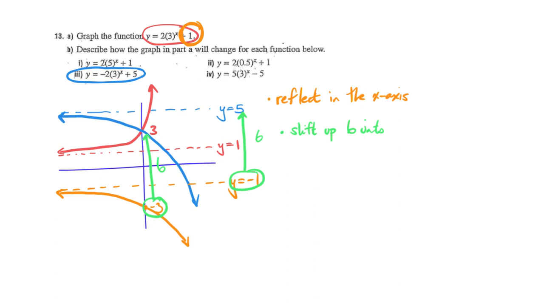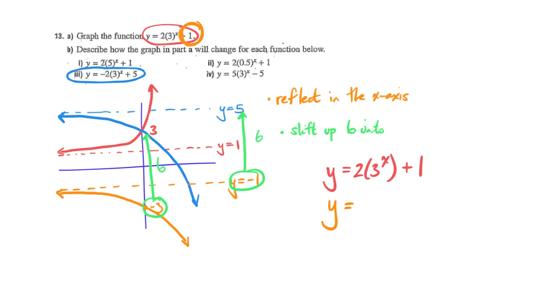And what I'm going to do is take my original red graph and algebraically do my transformations. And you guys will see one big difference. Okay, I'm going to deal with the orange. So I'm going to reflect my graph in the x-axis.